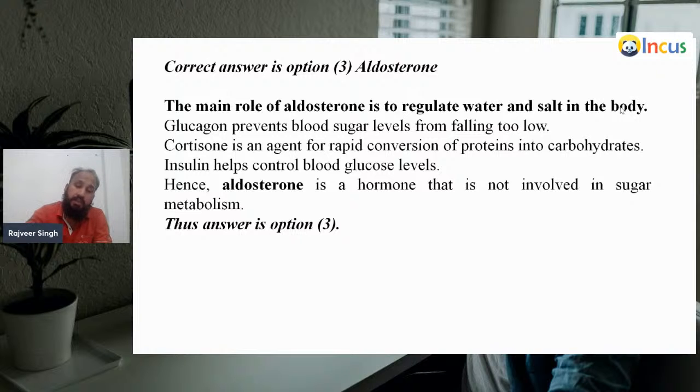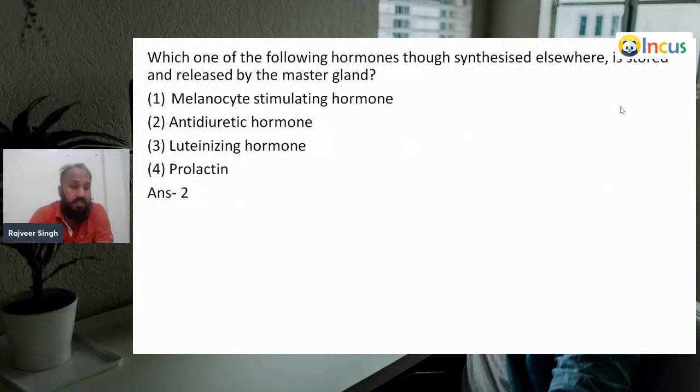Okay. Now, next question is about which one of the following hormones, though synthesized elsewhere, is stored and released by the master gland. Melanocyte stimulating hormone MSH, ADH antidiuretic hormone, LH luteinizing hormone, prolactin. Not right. The answer is ADH.